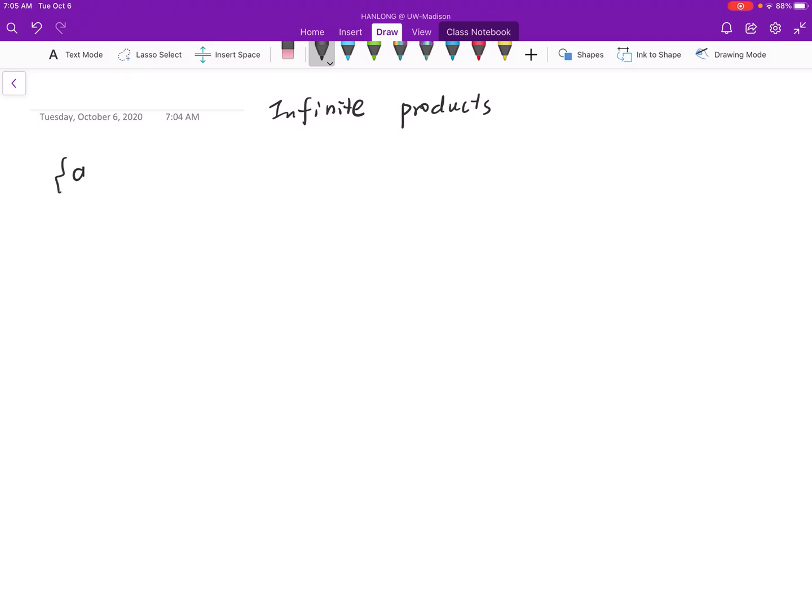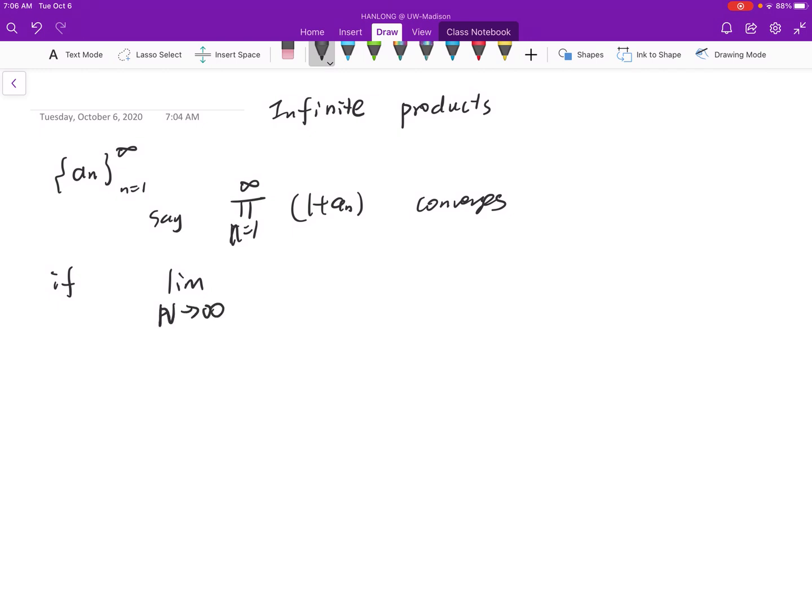Suppose you have a sequence of complex numbers. Then we say this product converges if the limit of the finite truncation exists.